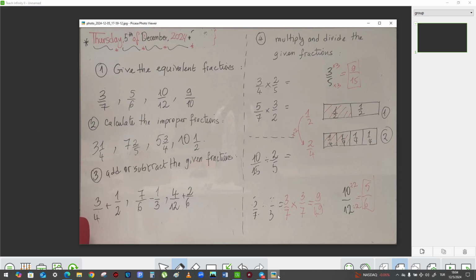Okay, the first one we said it's 3 over 7. Now we're gonna look for equivalent fractions. Let's say you have 3 over 7. So what you do, instantly choose and pick up any number and multiply this whole fraction with it.